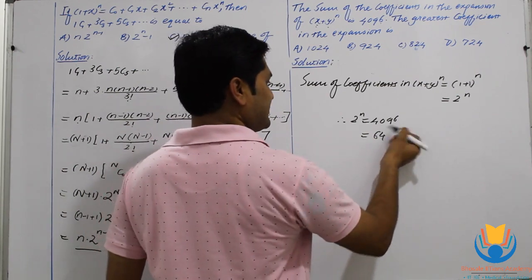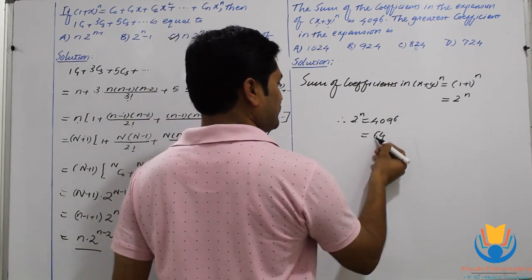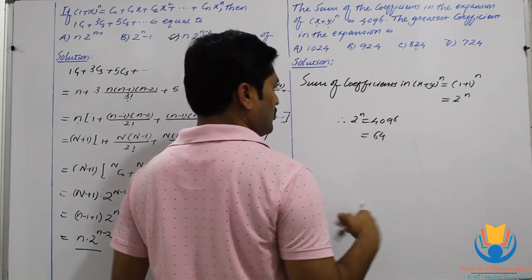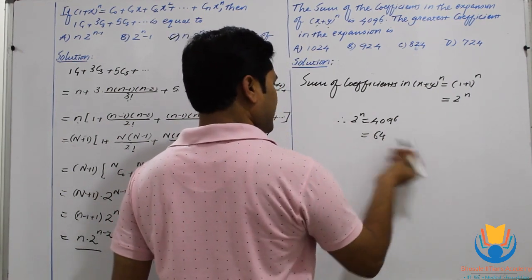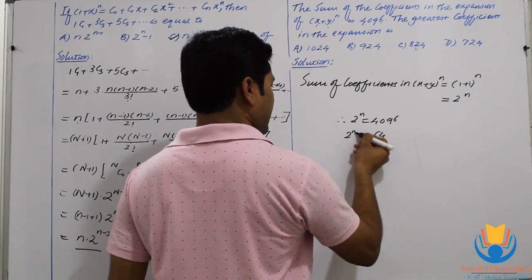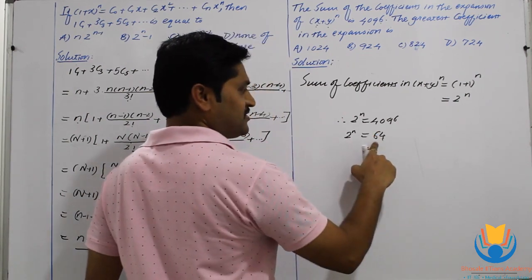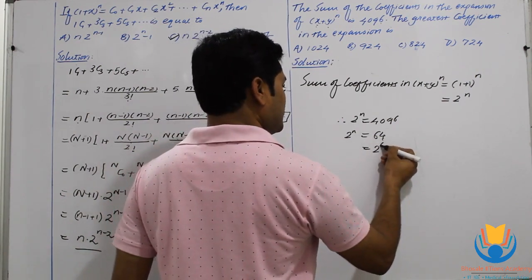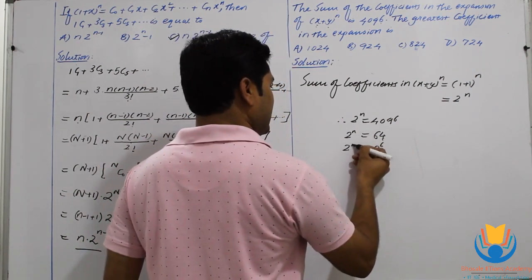4 4s are 16, that 1 carries, 6 4s are 24, to the 48 plus 1 is 49, and that 4, and correct. So it is 2 raised to n. So now I will have to express this 64 as 2 raised to something. So this is 2 raised to 6, and this 2 raised to n as it is.